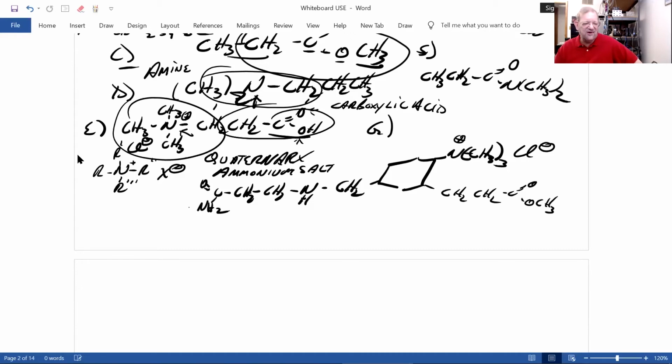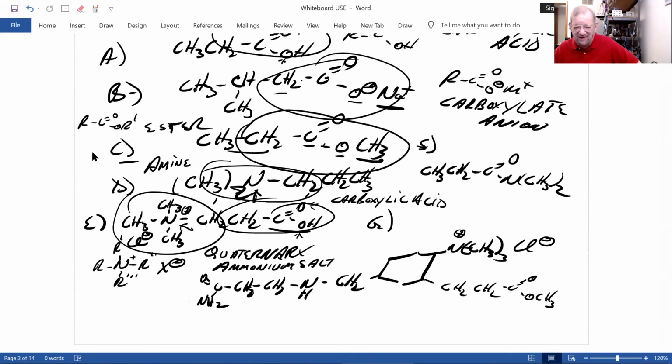And now let's look at G. Oh wait, F is hiding underneath me. Carbonyl, nitrogen, carbons, carbons under carbonyl. Remember, R prime and R double prime can be, can I write any smaller? I bet I could. Hydrogen. And this is an amide.